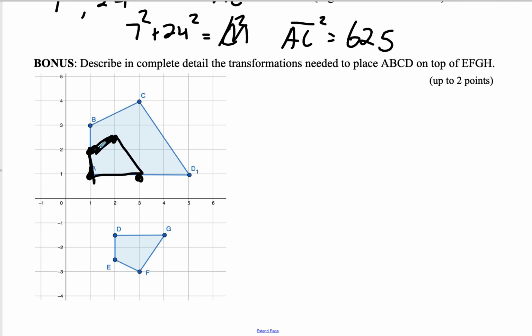Using A is a convenient choice because A is 0 units away from itself, so the dilation causes no effect. Then you could do a reflection over the x-axis.